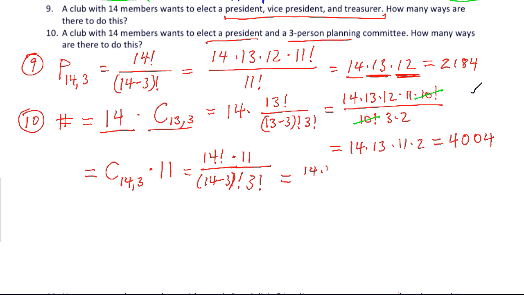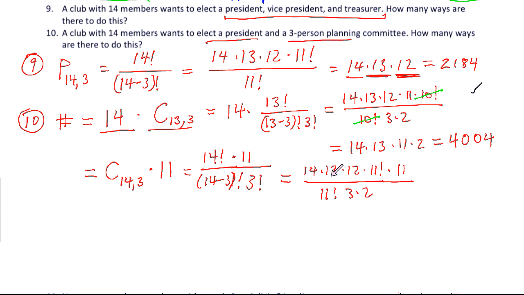And let's see if this really is equal to the same numbers. 14 times 13 times 12. 14 minus 3 is 11, right? So times 11 factorial, all over 11 factorial, times 3 times 2. And now I have another 11 here. See that? 14 factorial is 14 times 13 times 12 times 11 factorial.